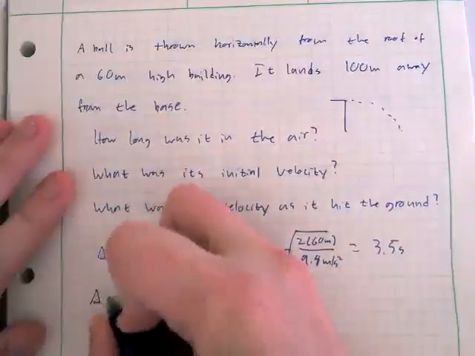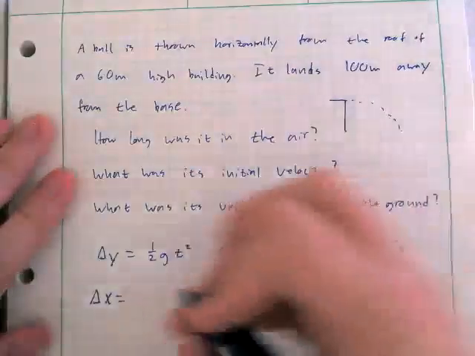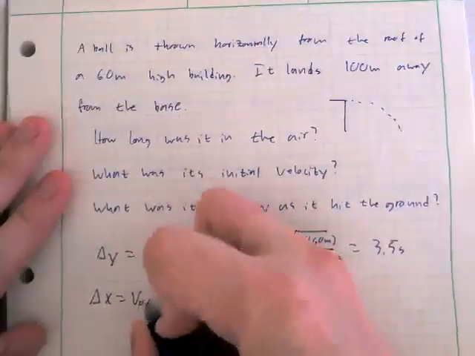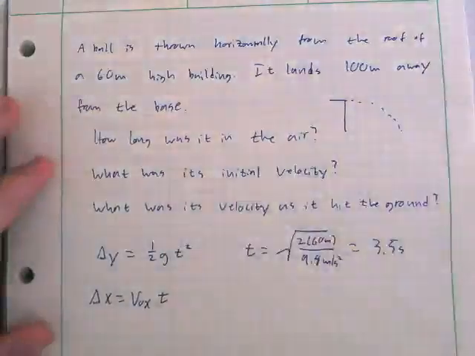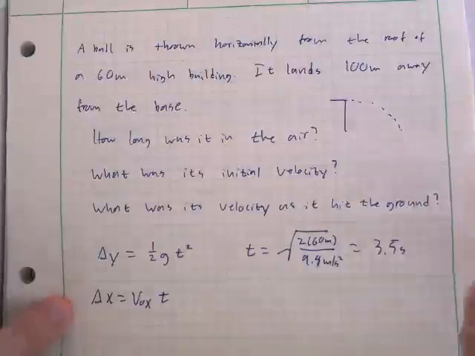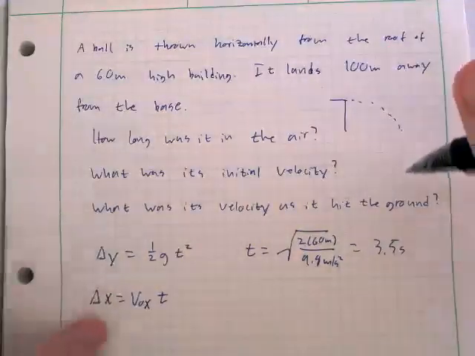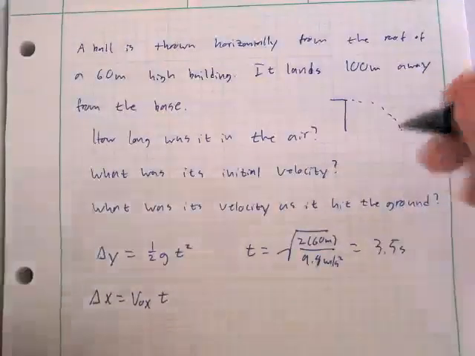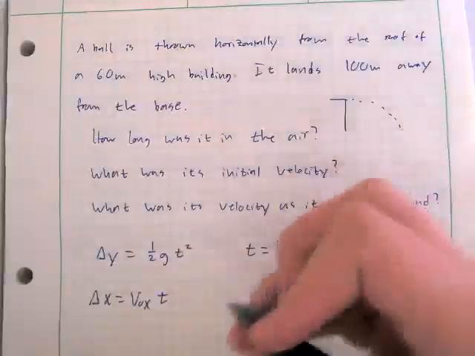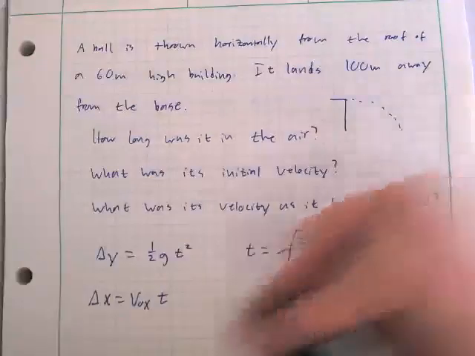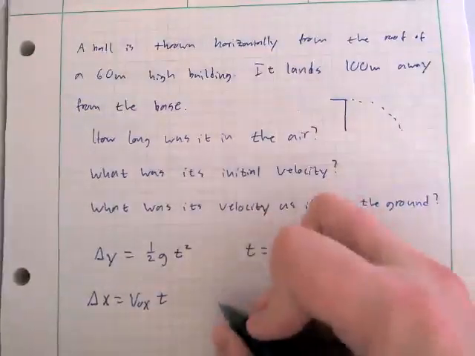So let's write our delta x equation and see what we get. Delta x equals v naught x times t. No acceleration in the x direction. This is nice and simple. In the horizontal direction, again, we just have a very simple distance equals rate times time problem, right? We know how far it went. It went 100 meters. And so we can solve for our v naught x.